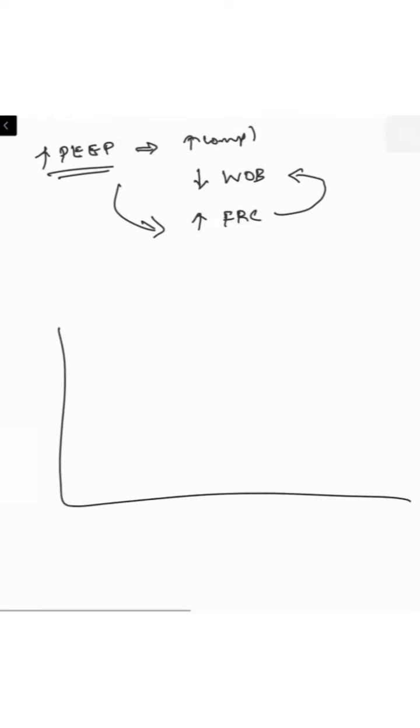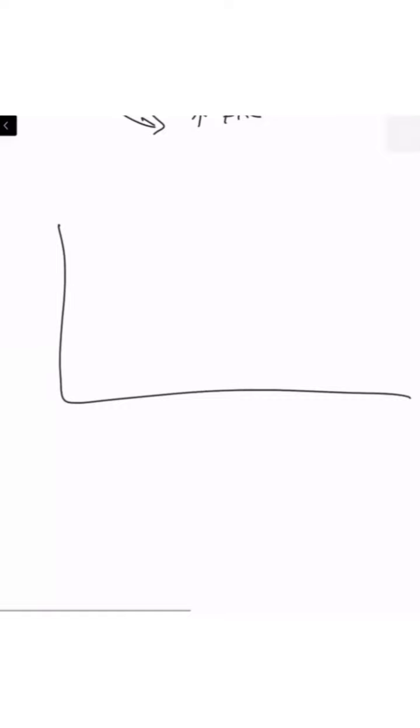So normally, this is the normal mechanism happening in patients. We can consider the normal pressure of 0 in the alveoli. During inspiration, there will be negative pressure because the diaphragm will contract.